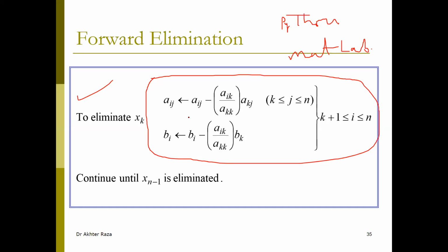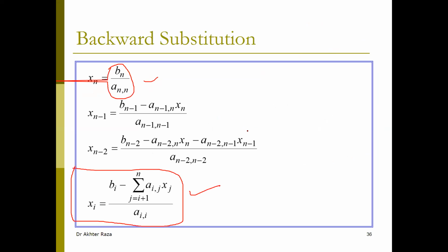In one iterative step, we can show this entire procedure by this line. And backward substitution, this is the generalized formula for backward substitution. You have to keep different steps here, and these steps will be accumulated here, and the value of xi will be calculated.